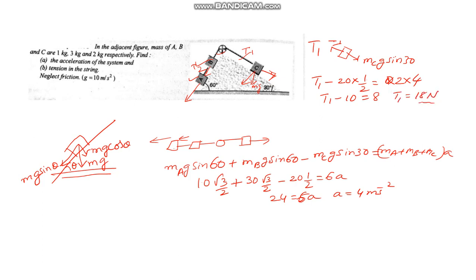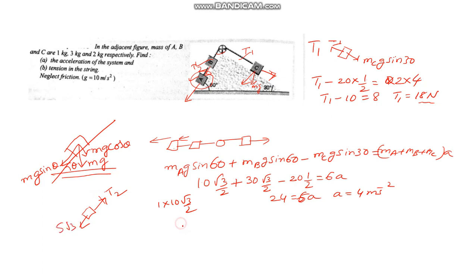Suppose we want to find T2, so we need to see the free body diagram of this region. It will be something like this. So you have T2 acting like this, and here ma g sin 60. So ma is 1 into 10 into root 3 by 2. So this is 5 root 3, 5 root 3 force is acting over here.